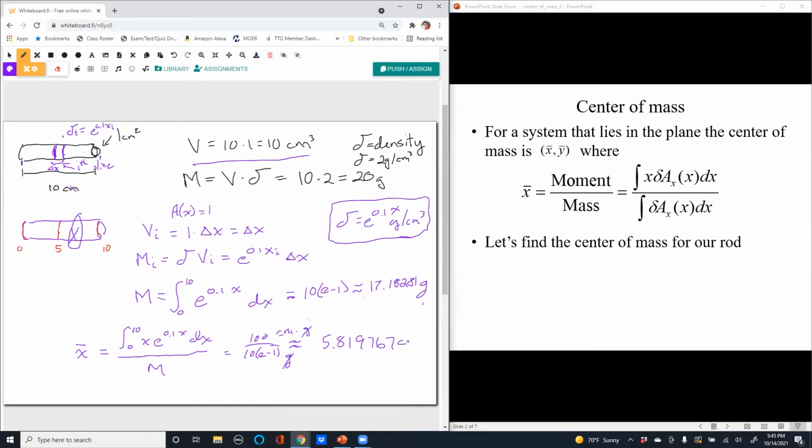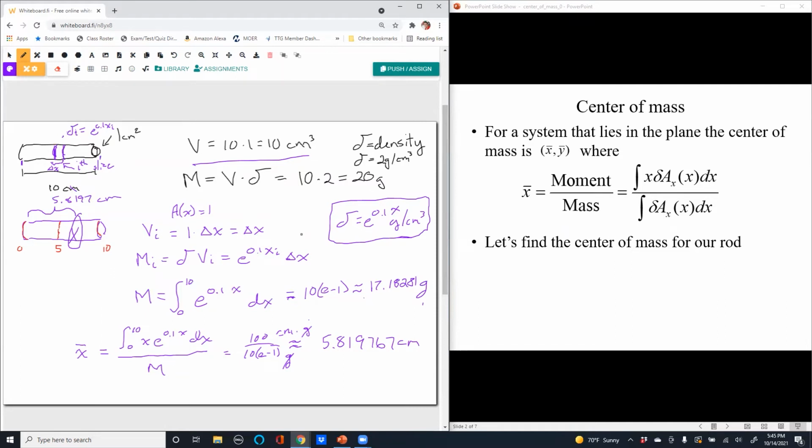Those are going to cancel, and this is in centimeters. Now, in the context of the problem, that makes sense because the center of mass is 5.8197 centimeters from the left end.